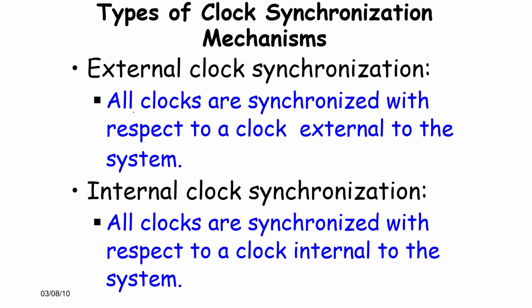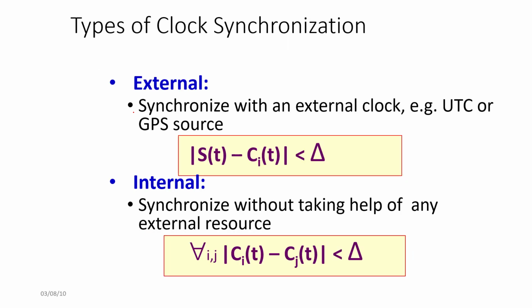Then you can have internal clock synchronization, where all the clocks are synchronized with respect to a clock which is an internal time base, in the sense it is internal to the system. The system in this case could be a desktop, or a set of computers, with one of them being the time base.